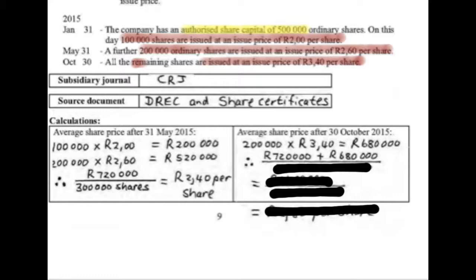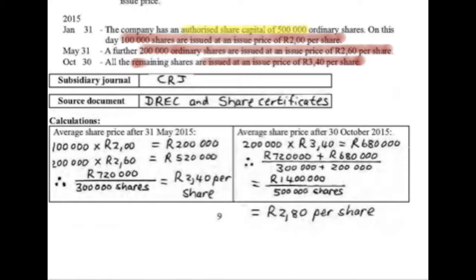That leaves you with a total capital of 1.4 million. How many shares have we issued? 300,000 plus 200,000. In other words, we issued all of our authorized share capital. All of the authorized share capital is the 500,000 shares, all of them gone to the public. That gives you an average share price of R2.80 per share.